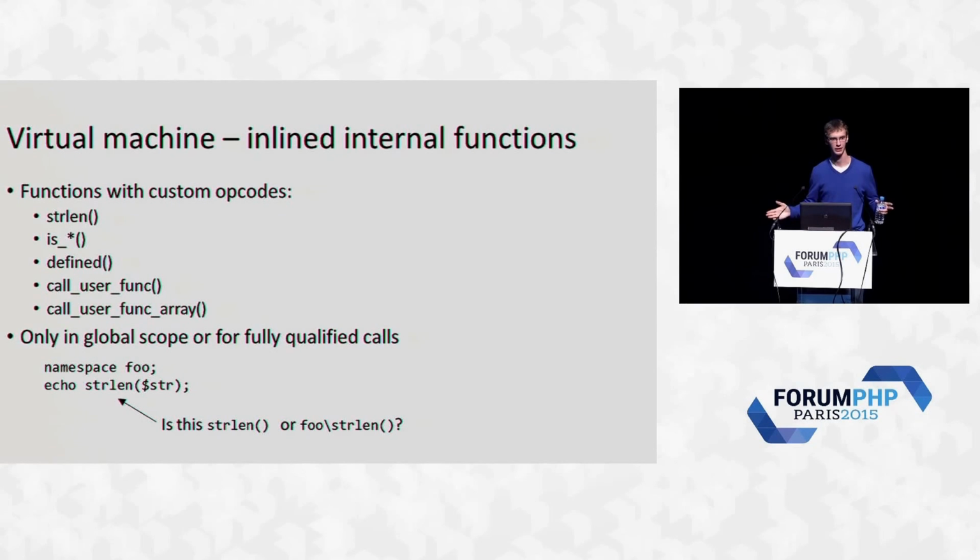We don't know that at compile time. We only know it at runtime, and so we can't optimize it. Now, you can fix this by adding a backslash in front. If you're using a fully qualified name, we do know that this is the global strlen function, and it can be optimized.